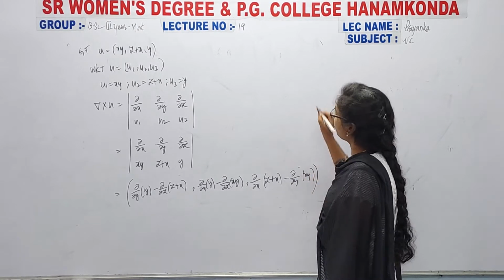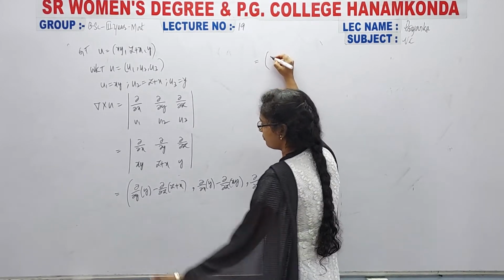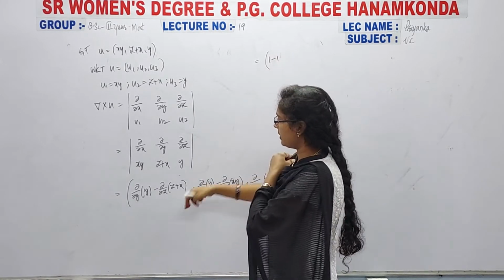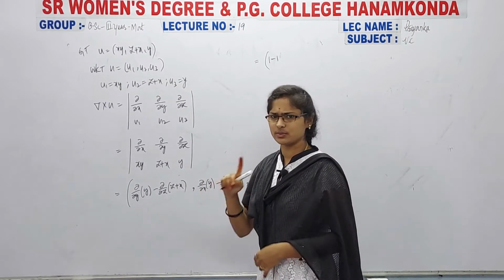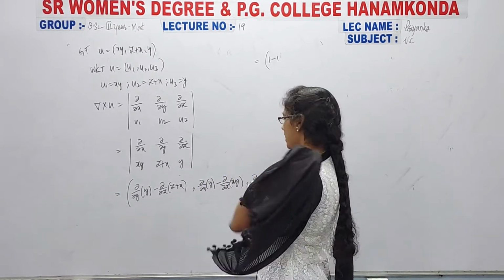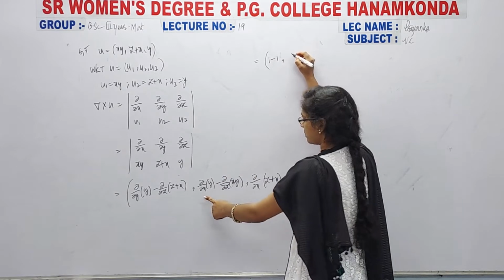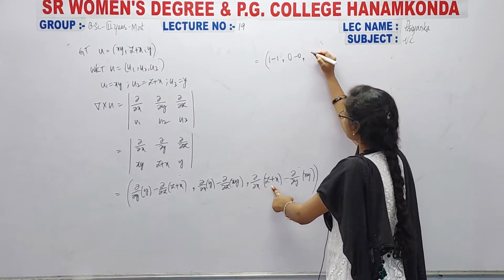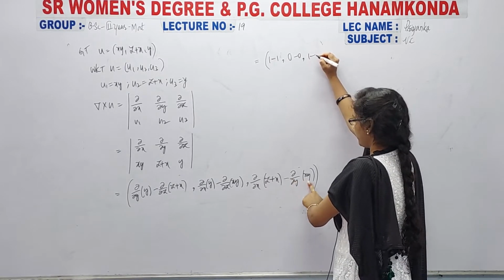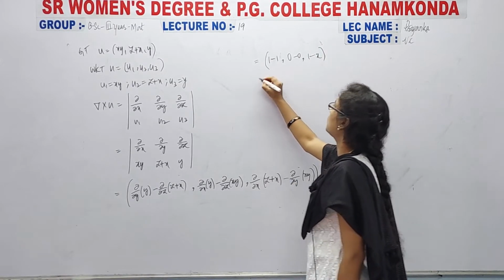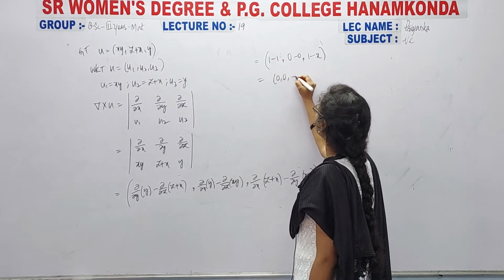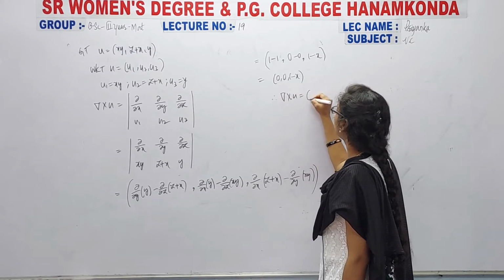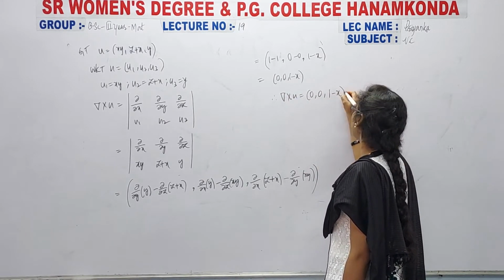So we get 1 minus 1, since dou by dou z of z plus x gives 1, then 0, and 0, and 1 minus x. Therefore curl u is equal to (0, 0, 1 minus x).